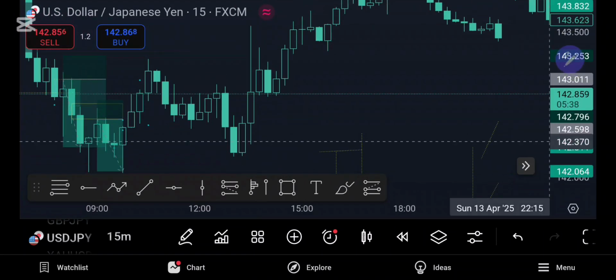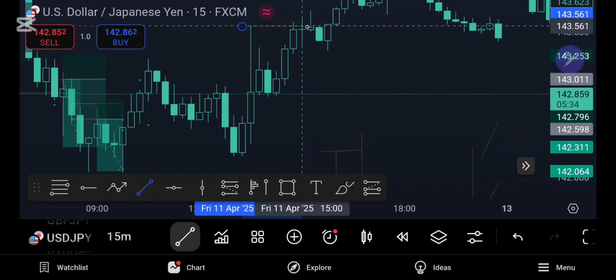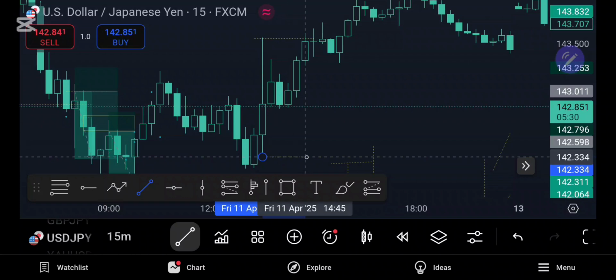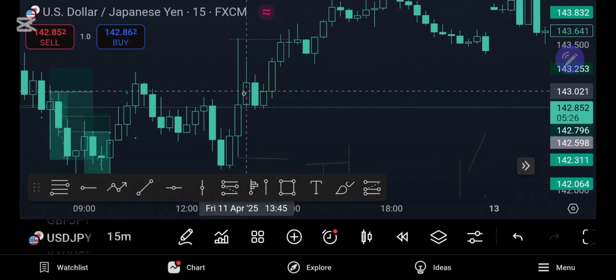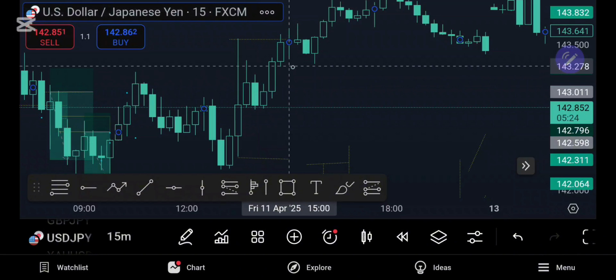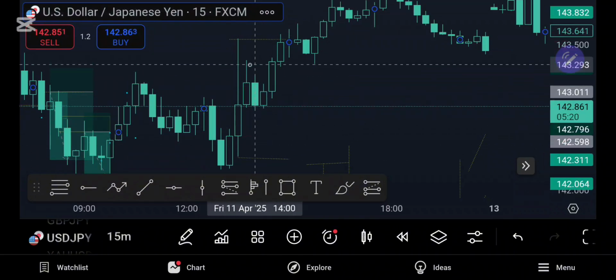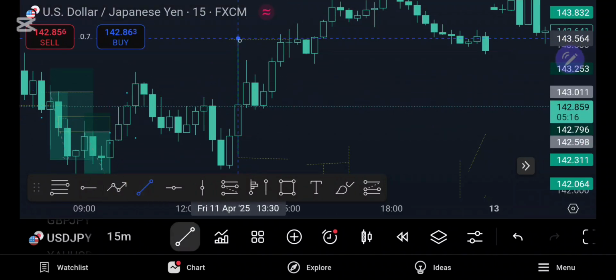So identifying a fake swing, you can see that this candle is a full range that covers so many candles in between. We have about 4 candles that are inside this whole candle.